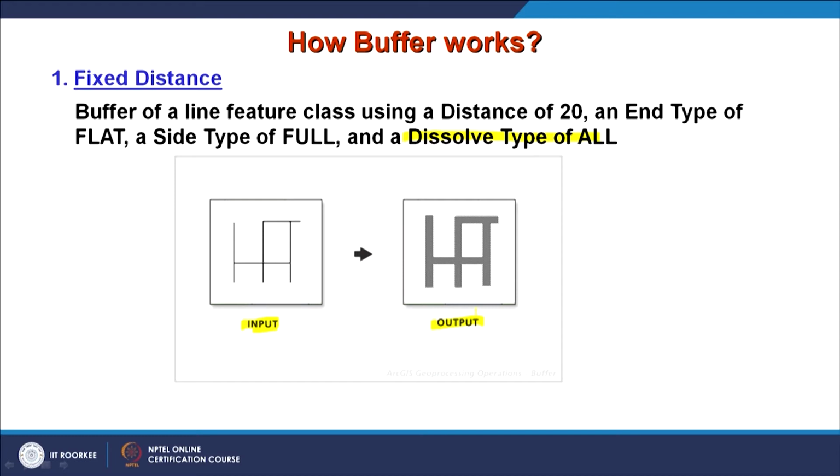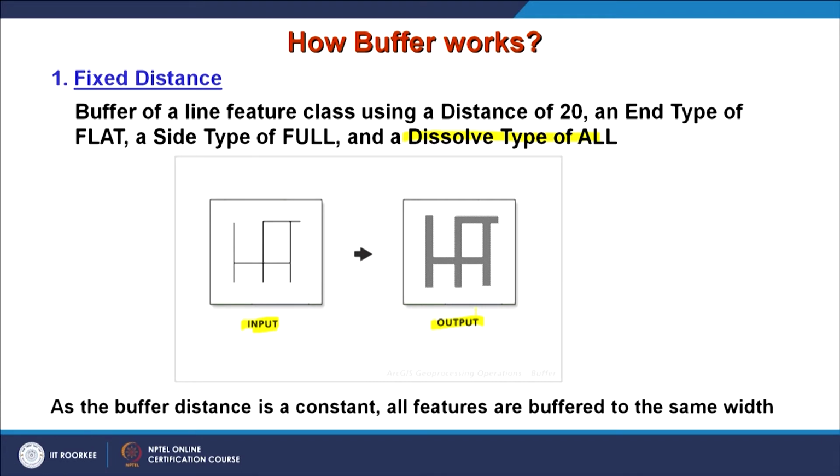For a road network or a street network within a city, such kinds of buffers can also be created. Now, the buffer distance in this example is constant, and all features are buffered to the same width. But suppose it is not constant and varies depending on, say, the road traffic.